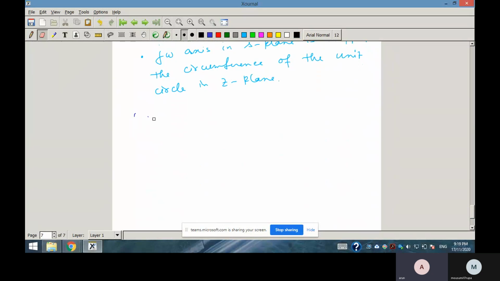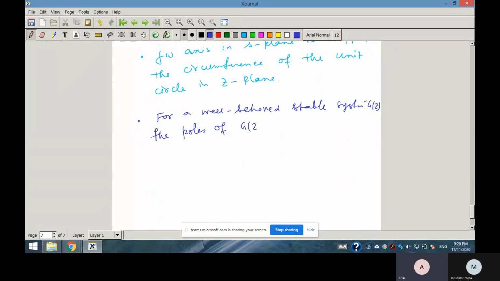So the question is, for a well-behaved stable system, where should the poles of Gz lie?